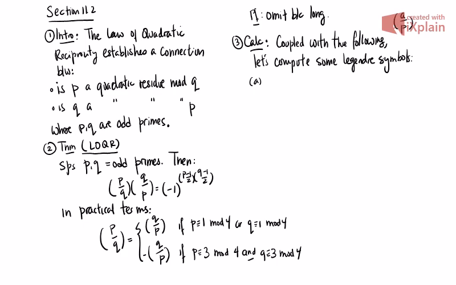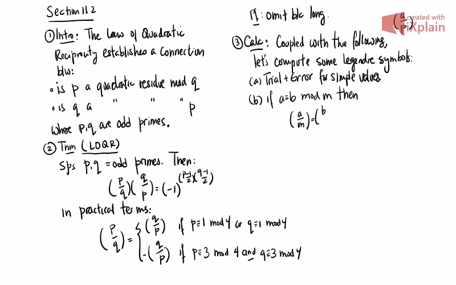The first thing is, for simple values, trial and error. B: if a is congruent to b mod m, then a over m equals b over m. I'm going to call this reducing.